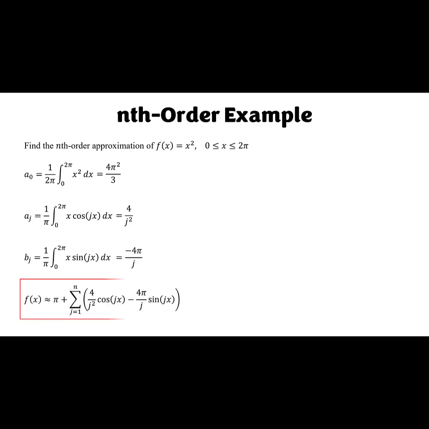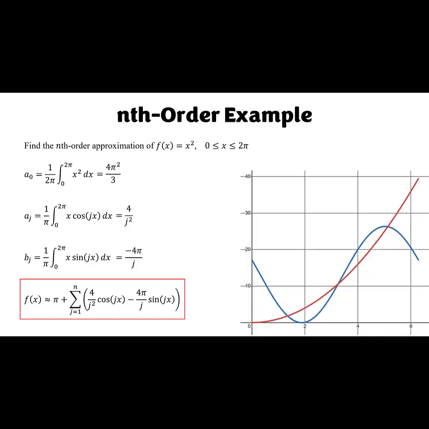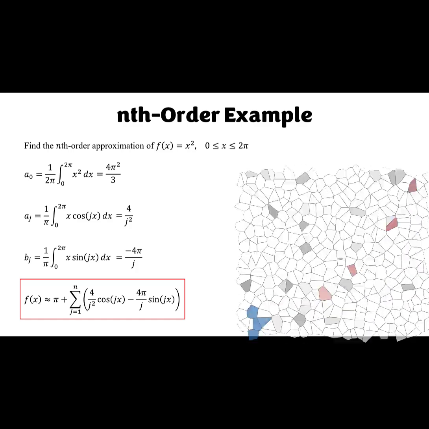So you can write the final formula for the approximation in summation notation like that. All right, and here's a plot of our approximation at n equals 1. And I'll go all the way up to 100 again. You can see it gets better and better. Here's n equal to 100.